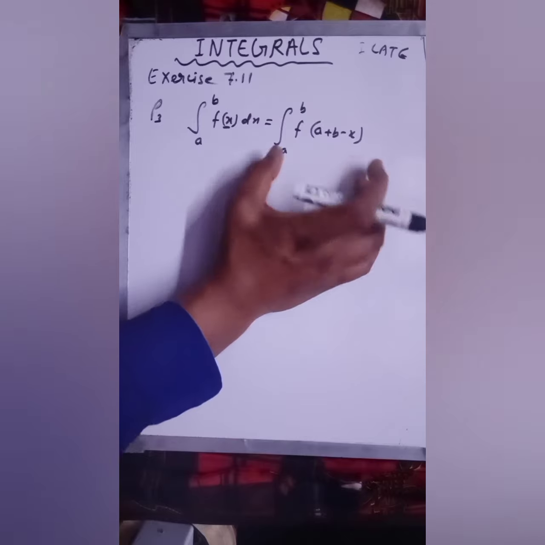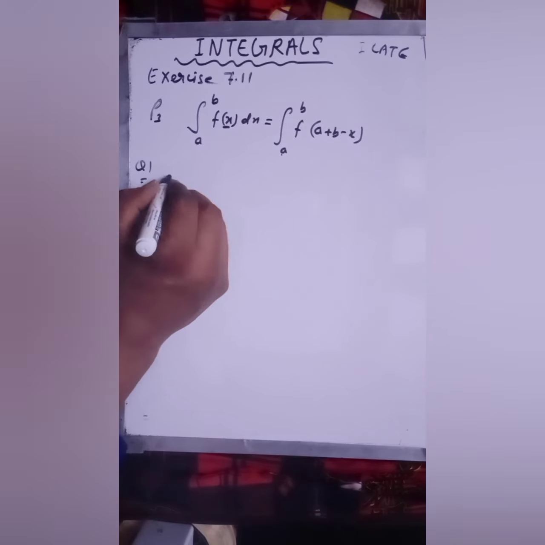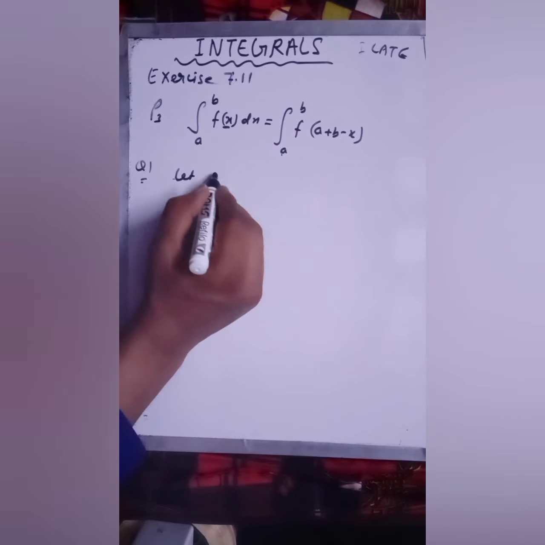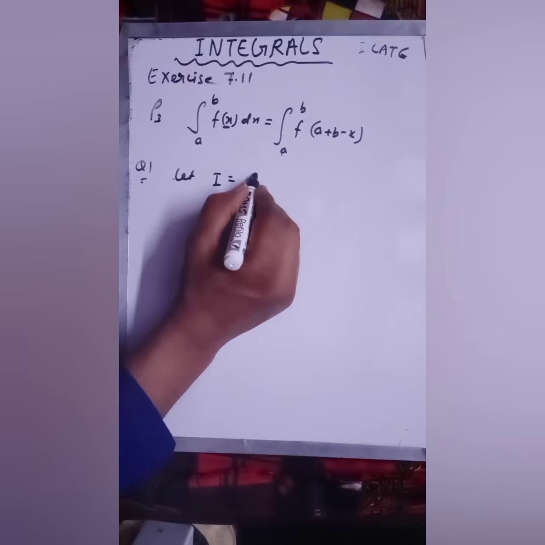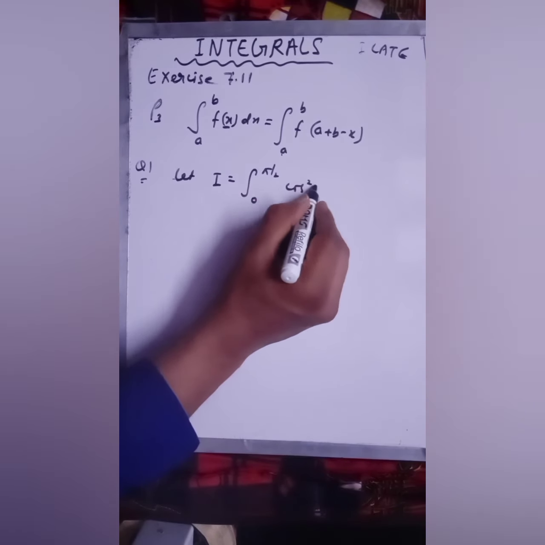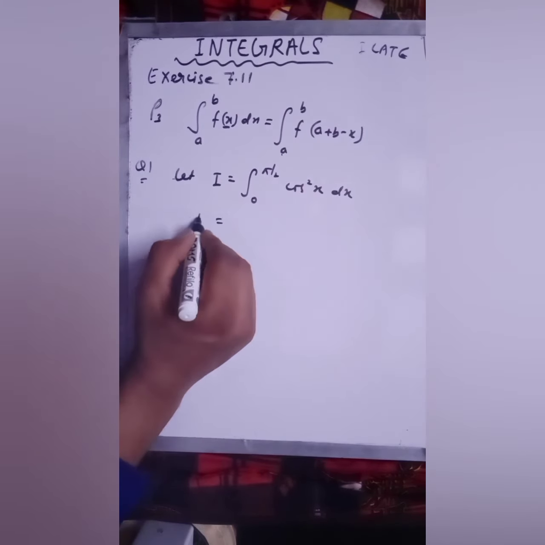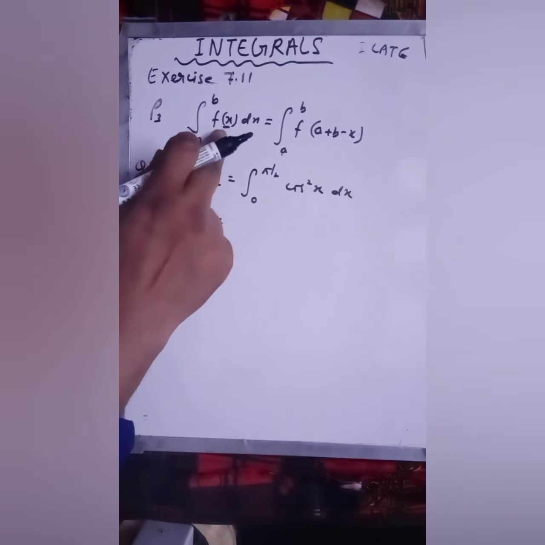Yes, so here I am solving question number 1. Let I equal the integration from 0 to pi of cos square x dx. This is given to us. So we will apply this property here.